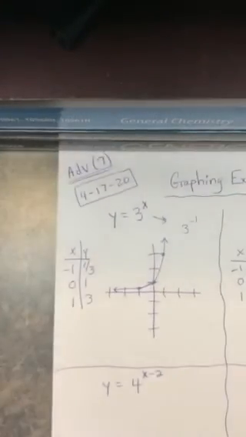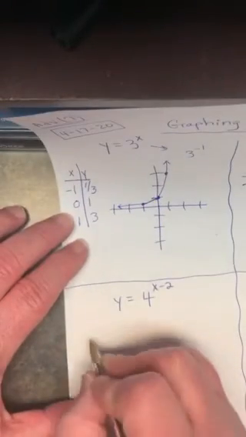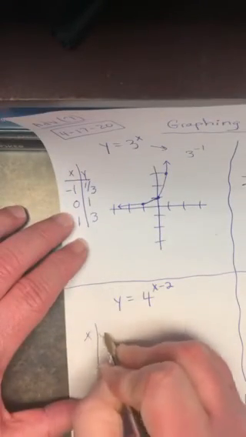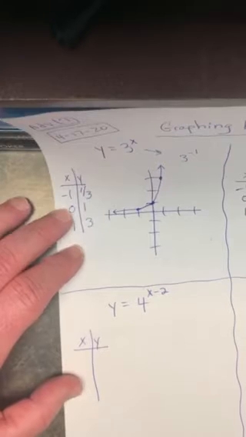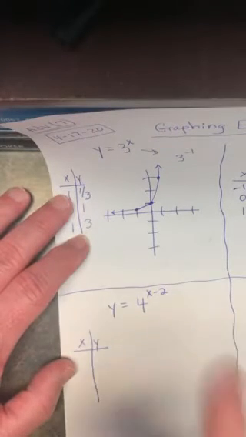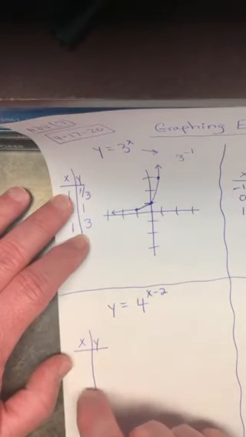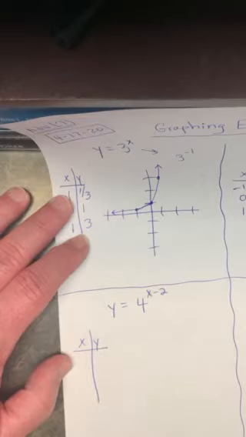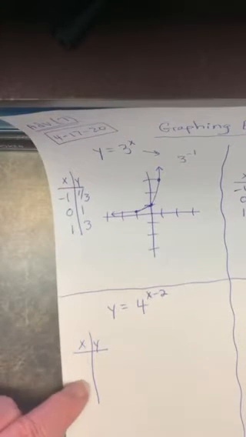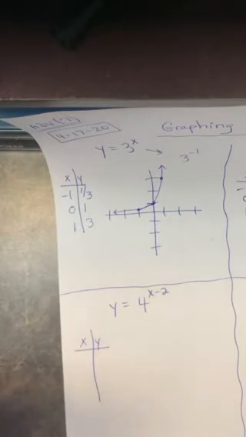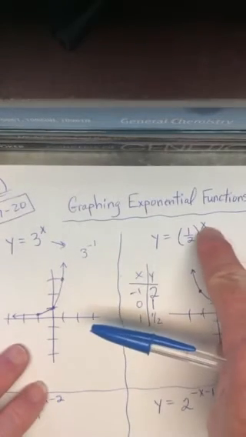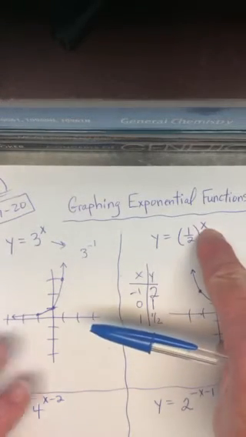All right, number 3. Now careful here. Guys, think with me. Ready? You do not plug in -1, 0, and 1 on this one. I didn't say those are the 3 numbers you always plug in. I said those are the 3 numbers that you want your exponent to be.